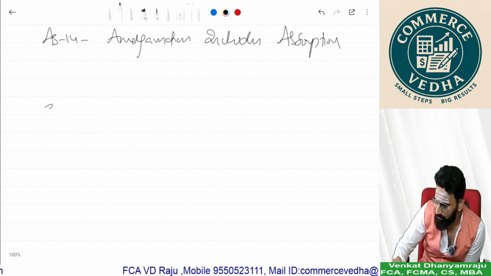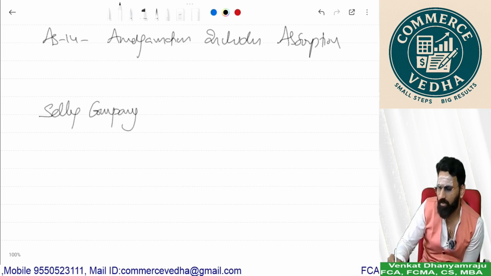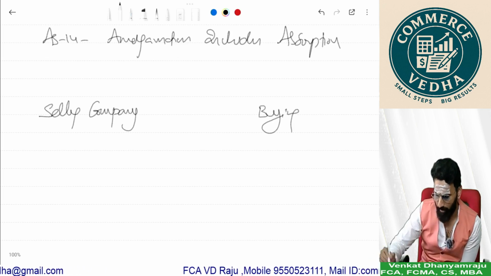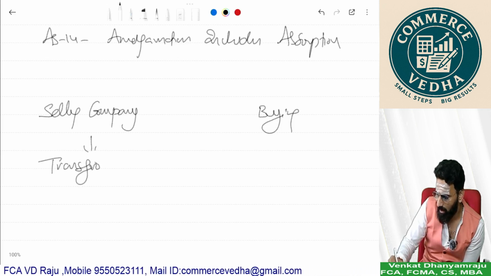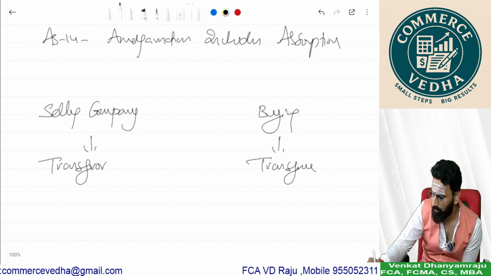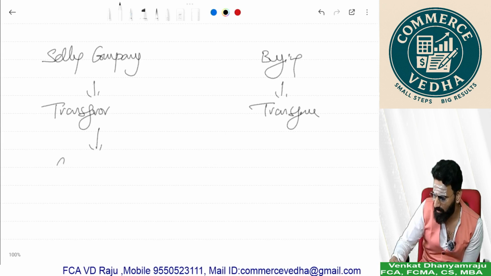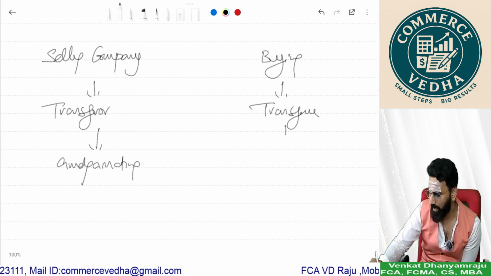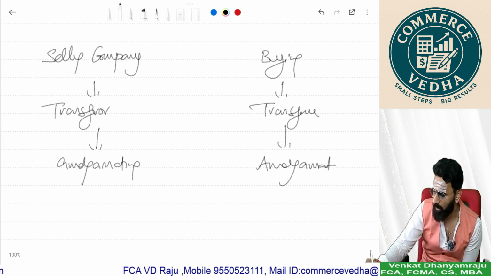One is the company which is selling and the company which is buying, or we can call them transferor, transferee, or one more name here, amalgamating and amalgamated.